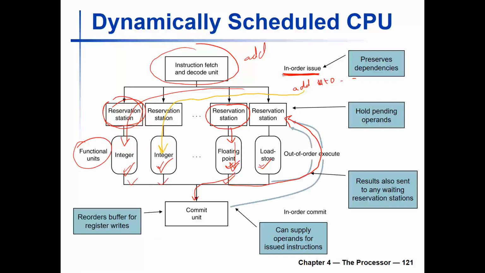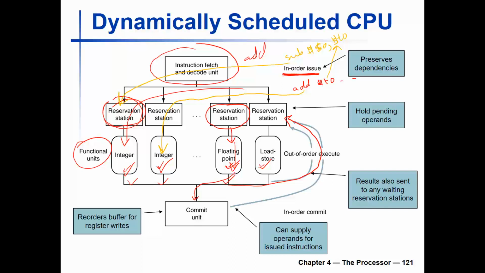Now suppose the following instruction is a sub on S0, and this needs an operand which is T0. Notice I need it here. Suppose I send this to this reservation station.